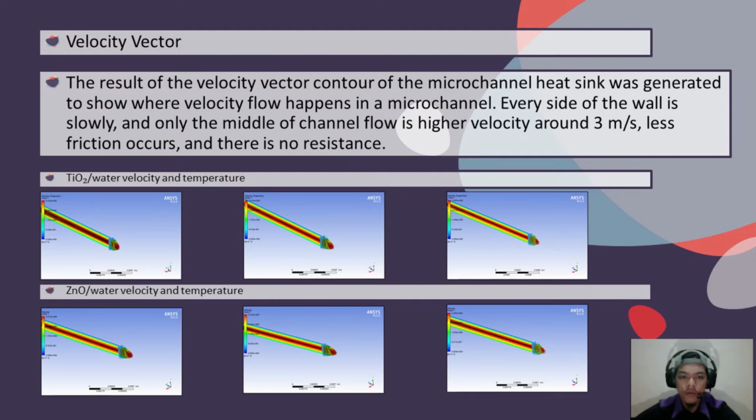As you can see, for titanium oxide and zinc oxide nanofluid, it is almost the same, around 3 meter per second at the middle, and for the outside only slow at 2 meter per second.